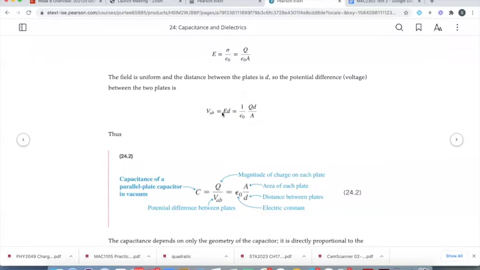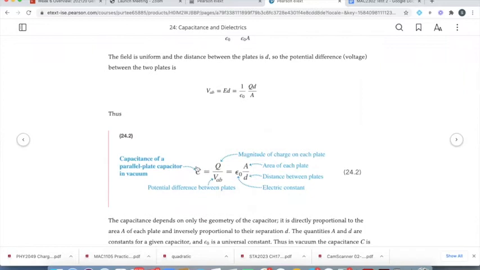That's why there's no negative sign here. So the voltage in magnitude difference across the plates is ED. So just plugging in here, we get this. And then by definition, capacitance is Q divided by V. So this is the formula we use for capacitance of a parallel plate capacitor.